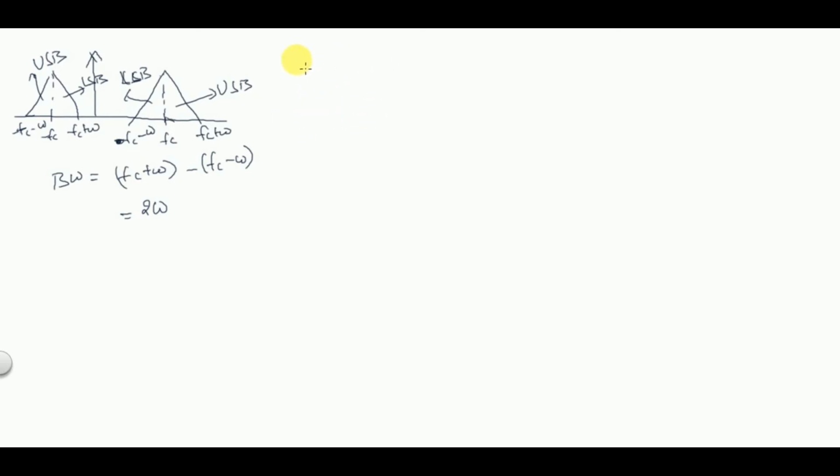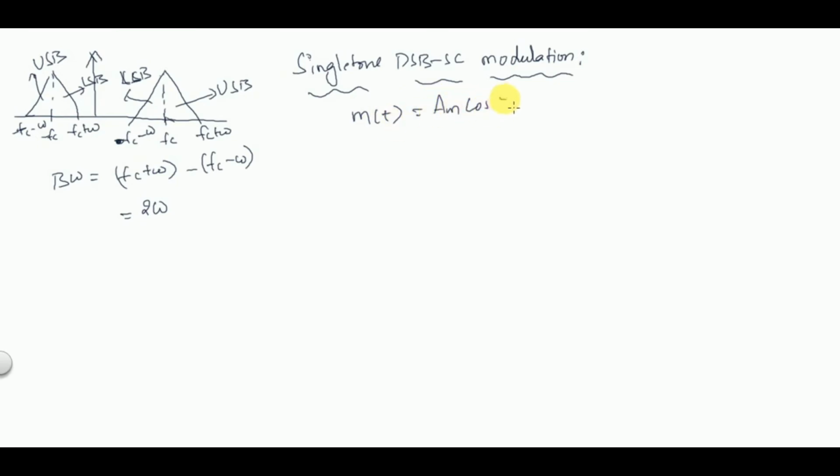Now we'll see the case of single tone DSBSC modulation. In single tone modulation, m(t) is represented by Am cos 2πfm t. The message signal consists of a single frequency, so the process is called single tone modulation.